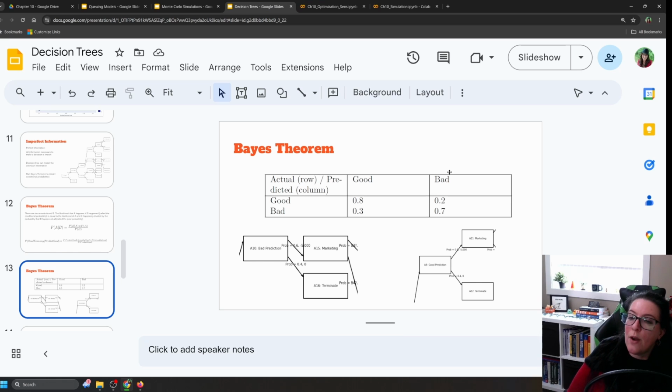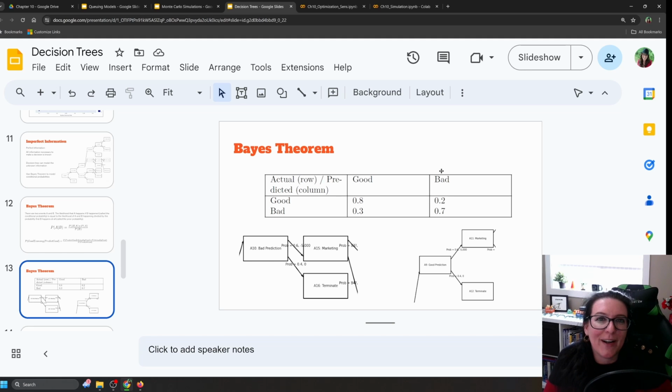We would know this information from the expert we've hired: were they accurate in the past? So we'd say, okay, you expert, how did you do at forecasting previously? And they say, in the past, I predicted it was good, and it was good, 80%. I predicted it was bad, and it actually ended up being good, 20%.